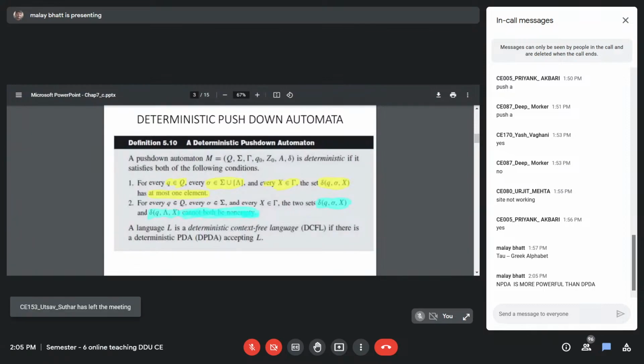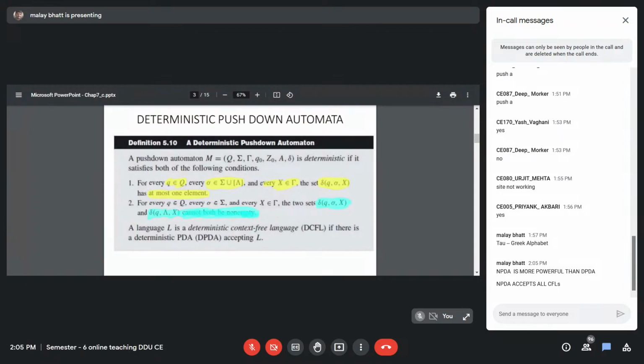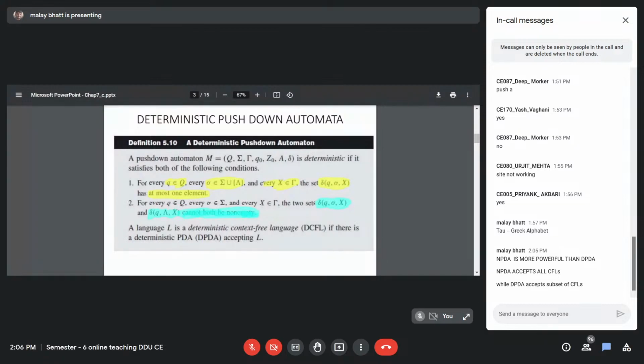Or we can say NPDA accepts all context-free languages, while DPDA accepts a subset of context-free languages. That is the main difference.